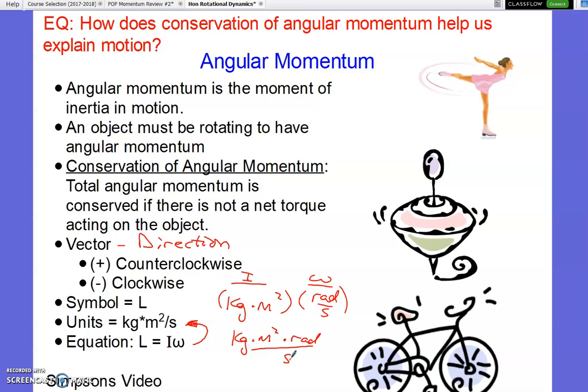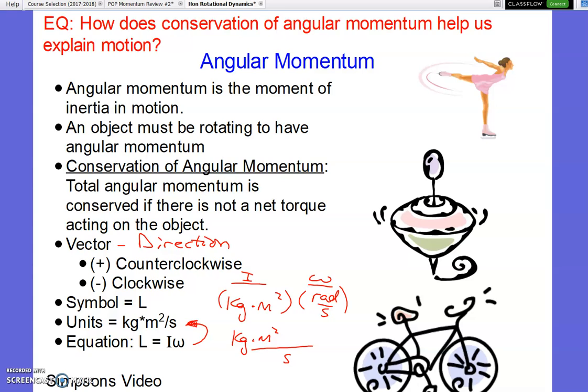But remember, we talked about before that the radian is actually a unitless value. It's just like a placeholder. So whenever there's something else written beside the word radian, we actually get rid of it. We don't use it. And so we can see that the unit of angular momentum is a kilogram times meter squared per second.